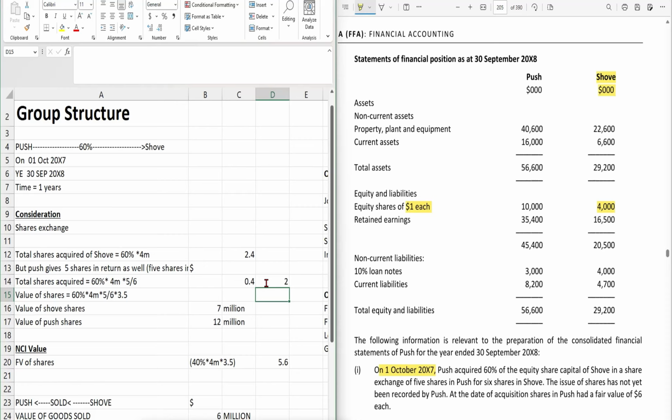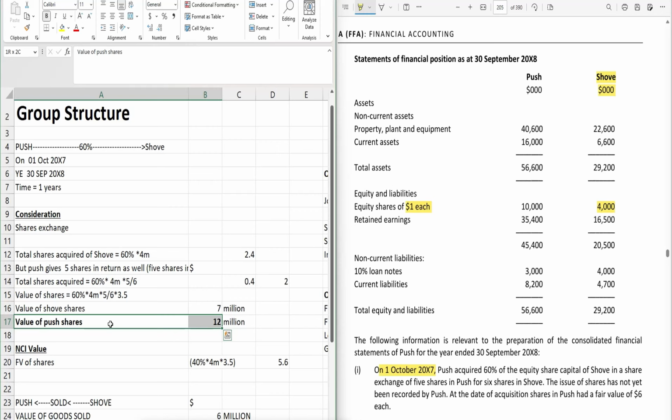Okay, now the fair value given for the share is for Push, not for SOV. So here the fair value of Push shares will be 2 into 6. That means 12 million. So the value of Push shares which they have exchanged is 12 million.